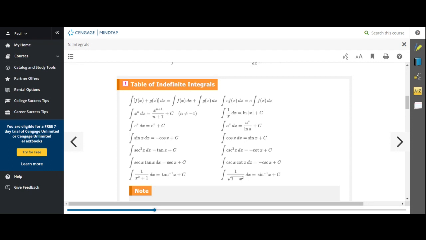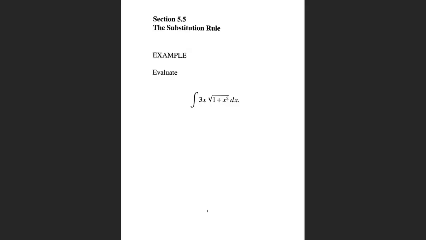So we need some techniques to help us do more complicated antiderivatives. That being said, we're going to learn in section 5.5 about what's called the substitution rule.